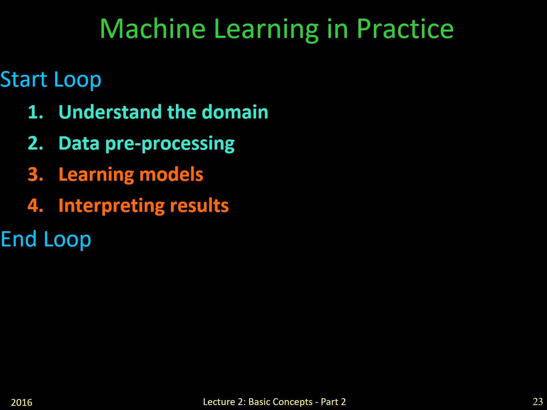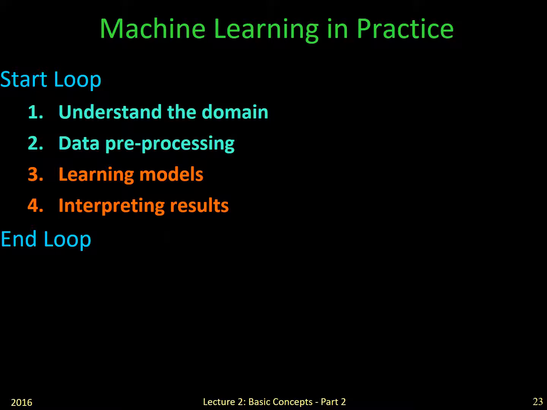Once we are confident that our data set is okay, we have to decide on the learning scheme. Usually we don't know in advance what is the best learning algorithm for our data, so we try several of them and we compare the performance. In order to compare the performance, we must interpret the results for real, not just compare accuracies.